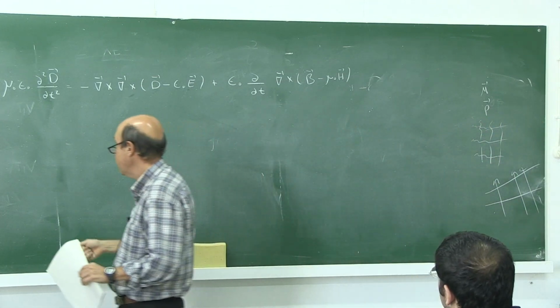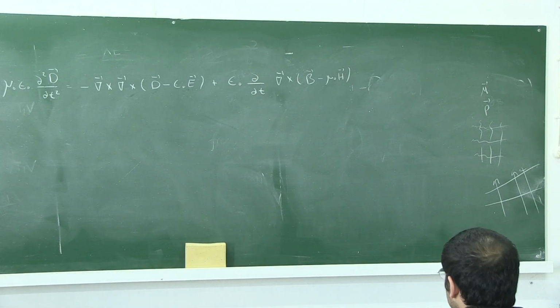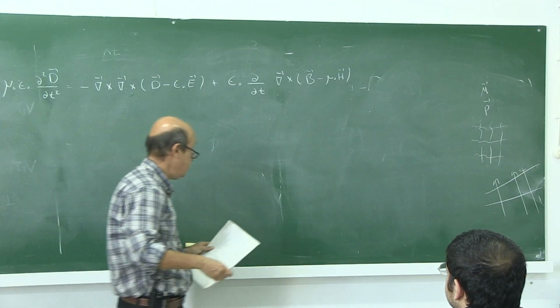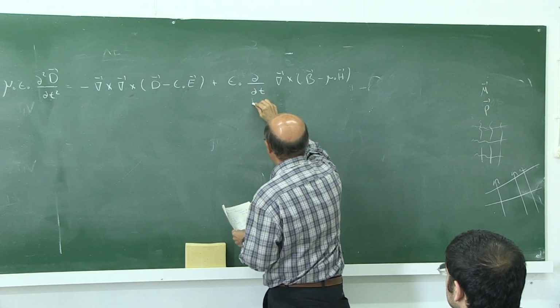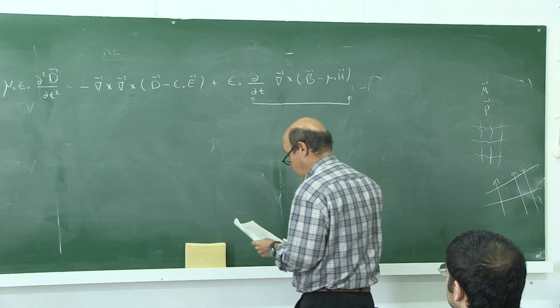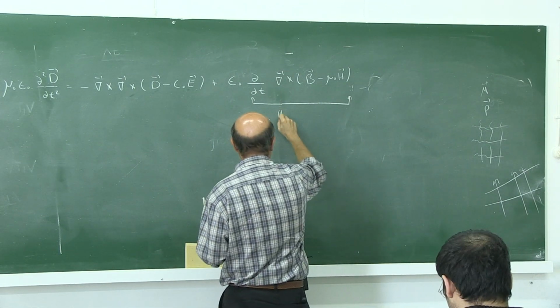But first, indeed the right hand side is equal to the left hand side. We can show this very easily using the Maxwell's equations. So take this term and write that term in the following manner.